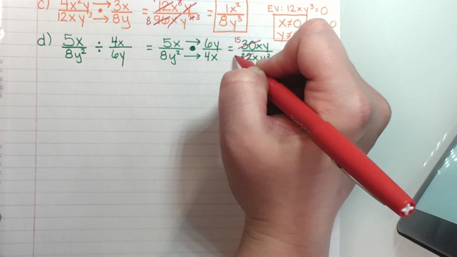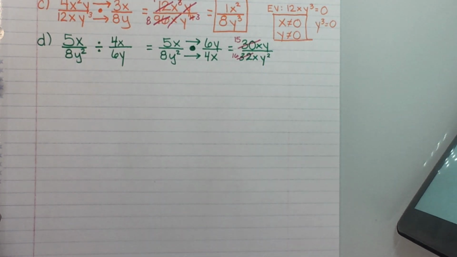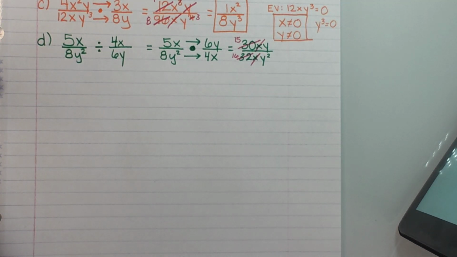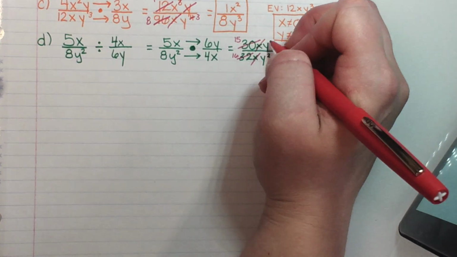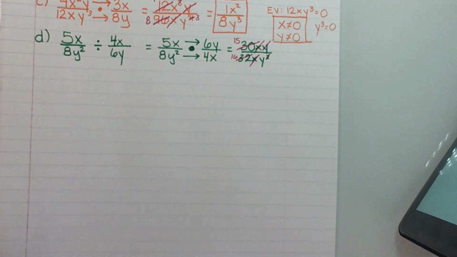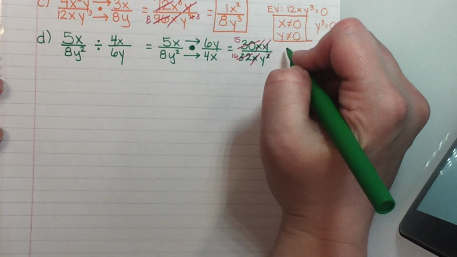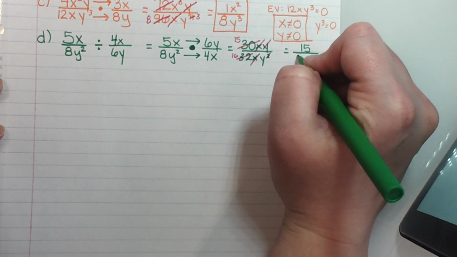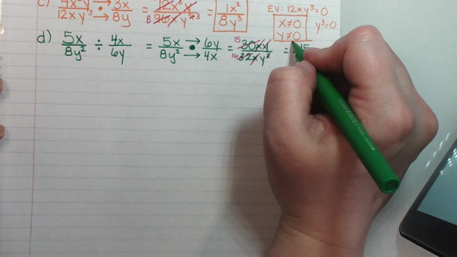That becomes 15, that becomes 16. X on top, x on bottom, cancels out completely. Y on top, y squared on bottom. Take one y off of both, it leaves a y on the bottom. 15 on top, 16 and y on bottom.